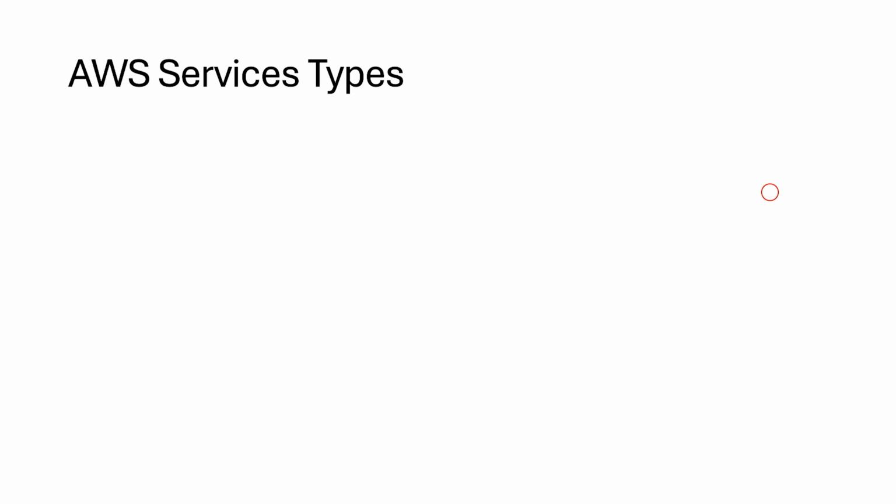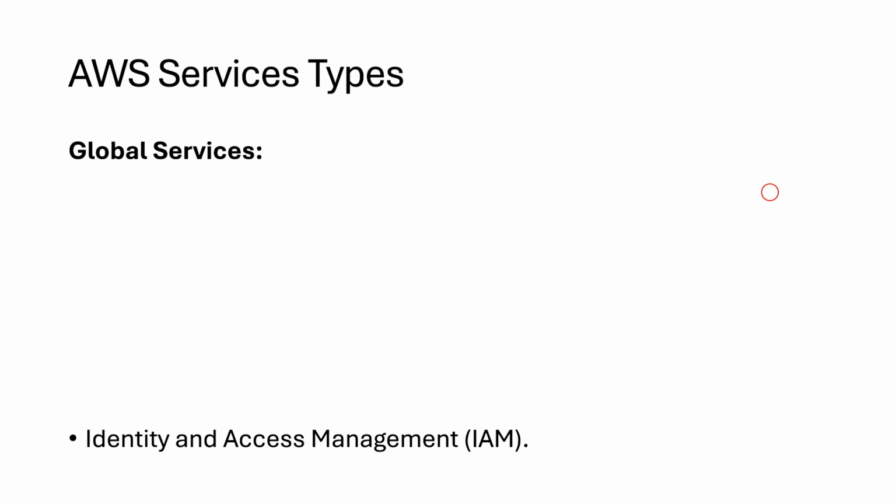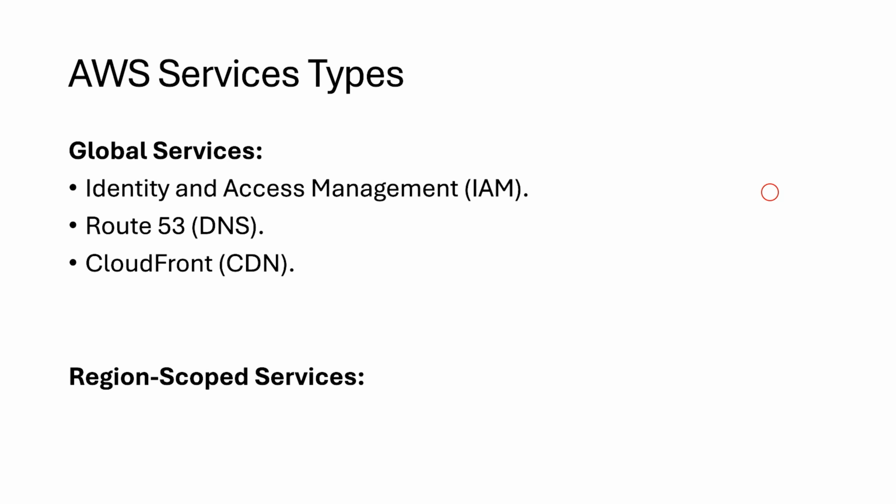So there are some region scoped services, and we have another type also, that is global services. Global services means these services are globally the same. For example, if you take IAM, Route 53 or CDN, these are the services we are going to cover in the future, but these are examples of global services.